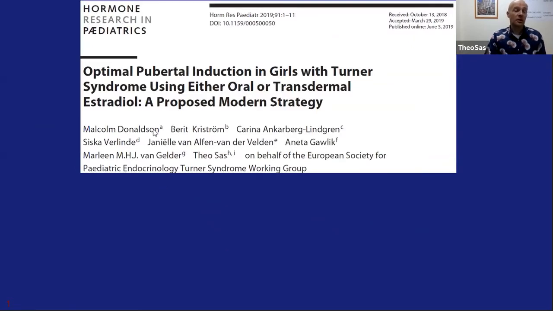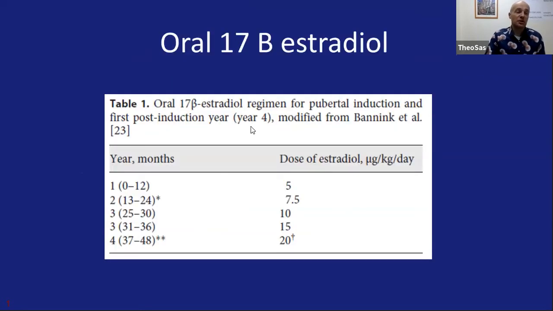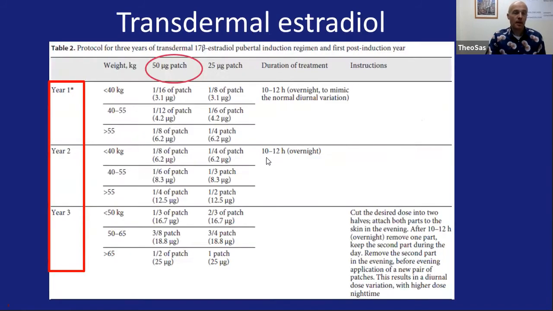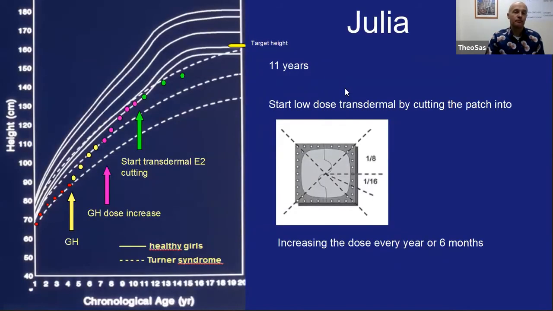We published last year a more consensus idea, a proposed modern strategy for oral 17-beta estradiol over 4 years, increasing your dose depending on your weight. And for the transdermal, for the different patches, 25 and 50, for years 1, 2, 3, and 4. And this is the weight and the part of the patch, starting overnight.